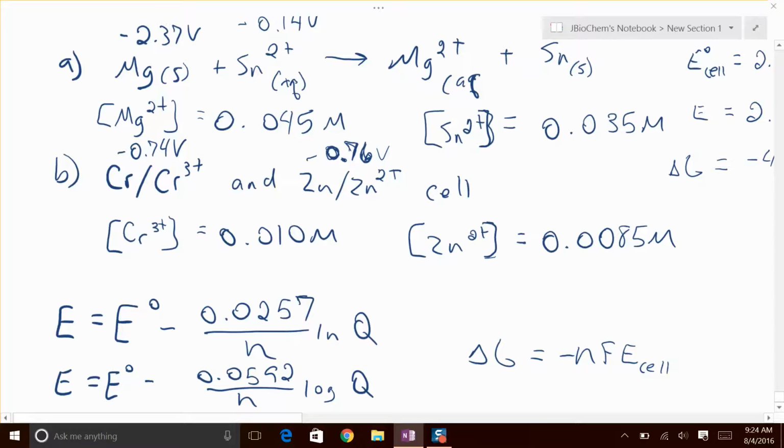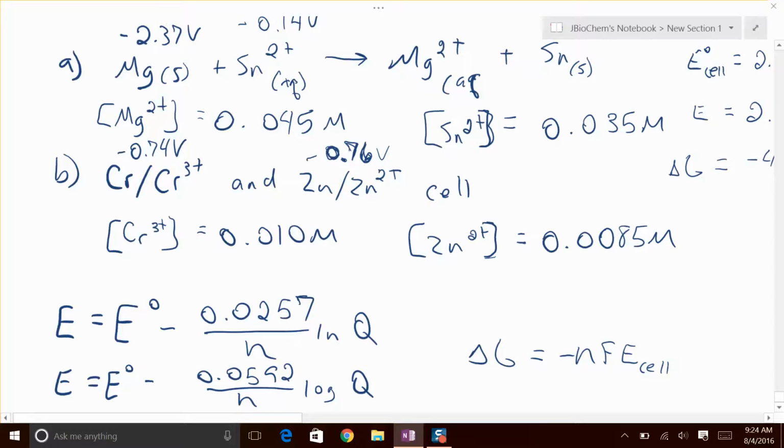That means chromium 3 plus is going to be reduced into chromium. It would be higher up on the list, and that list is by reduction potentials. This is more positive than this one, so it has the greater potential to be reduced. When I write the reaction, Cr3 plus is one of my reactants, Cr is a product. Over here, zinc is a reactant, and Zn2 plus is a product.